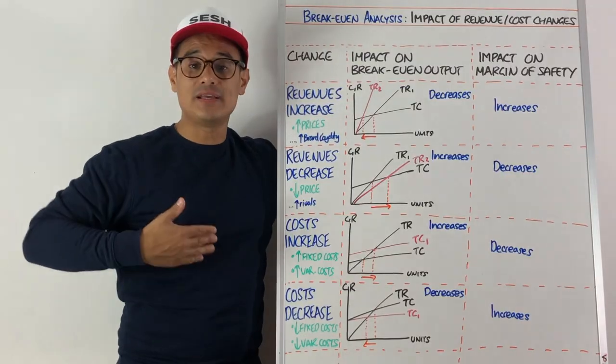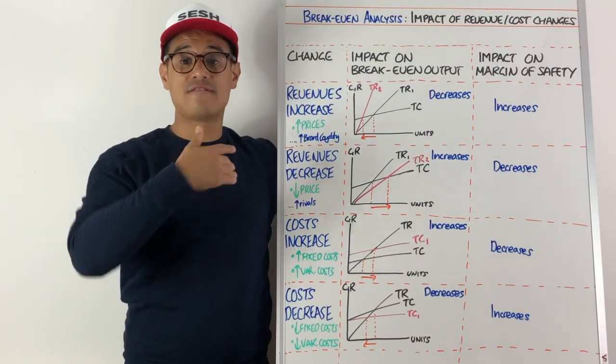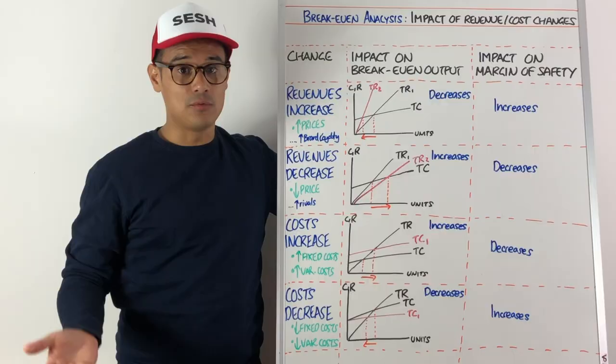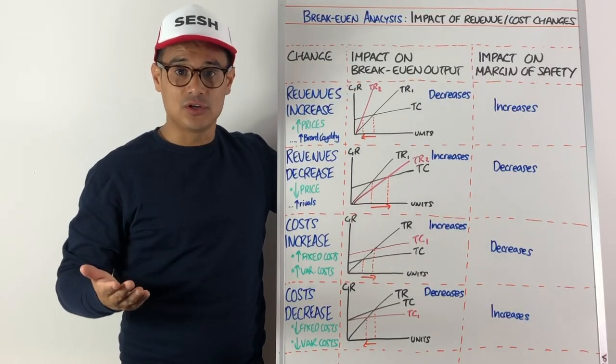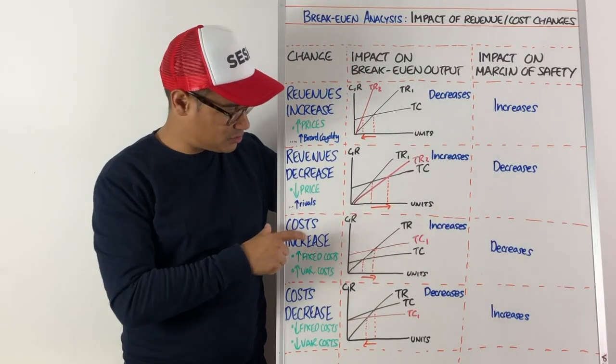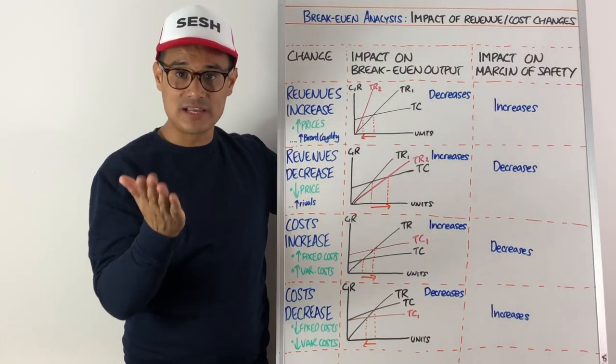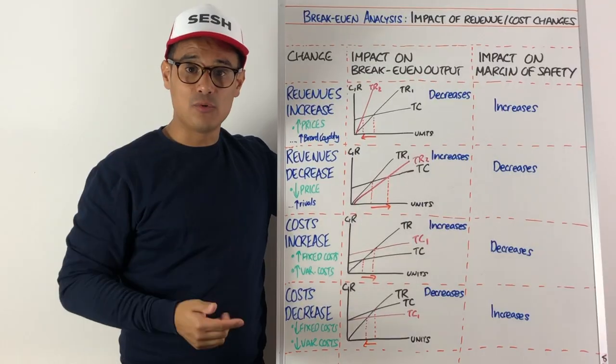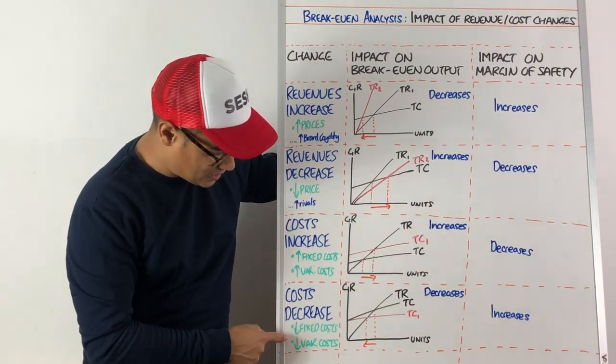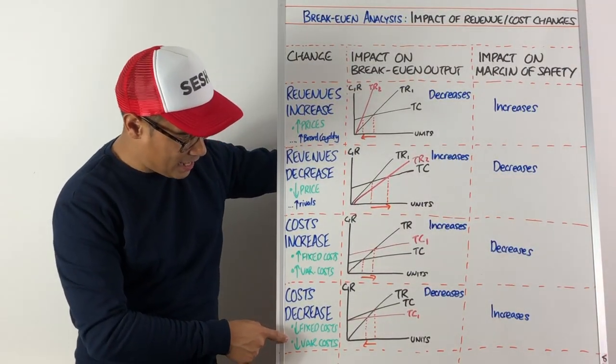If costs were to decrease, it's clearly either going to be because fixed costs have decreased or variable costs have decreased. Now, if it's fixed cost, it's always going to be a parallel shift, as we saw here. If it's variable costs, then it's actually going to be about that gradient, like in the revenue example that we were looking at earlier. So we're going to say that variable costs have decreased.